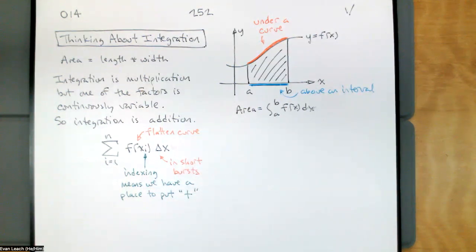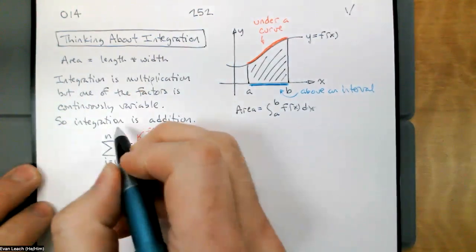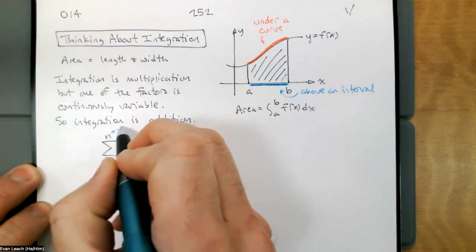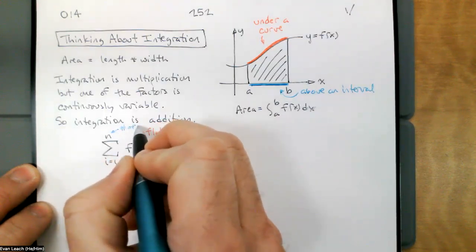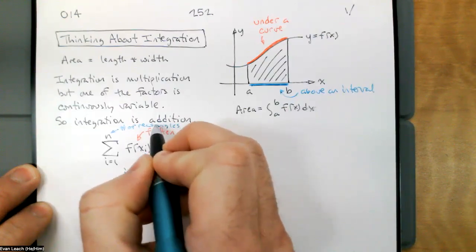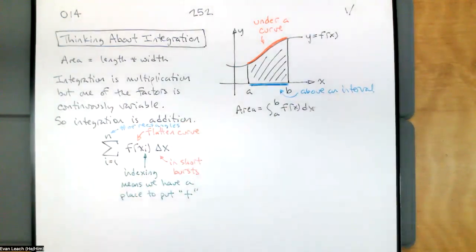So n is the number of rectangles that are in play.